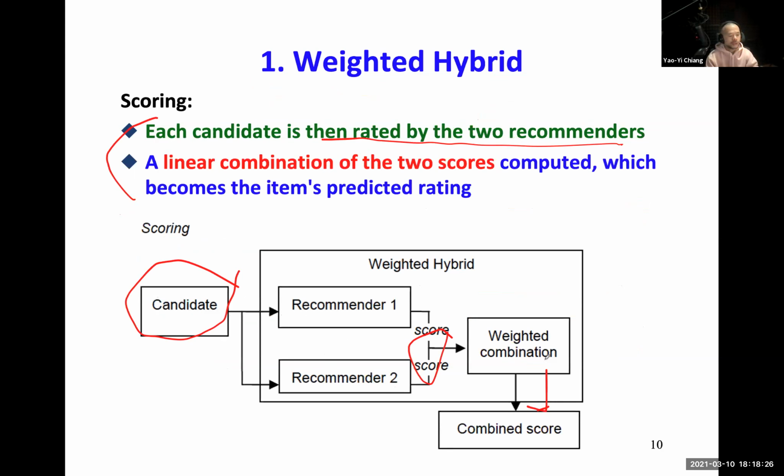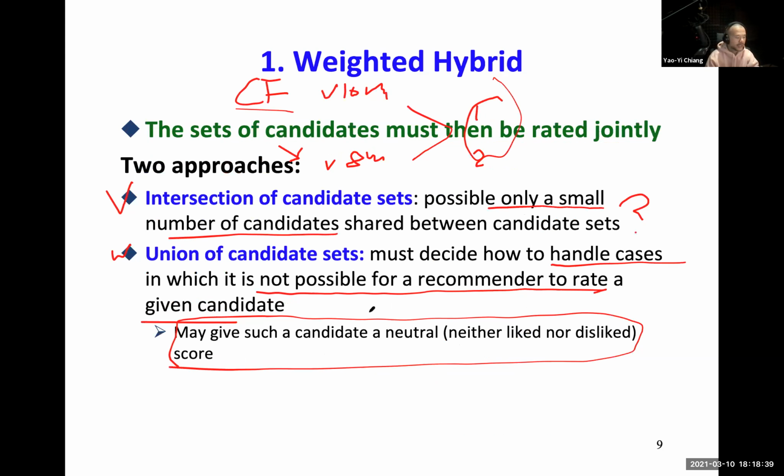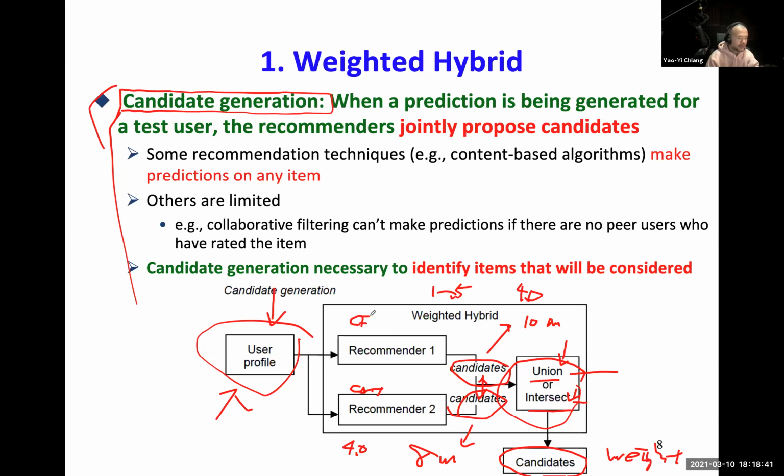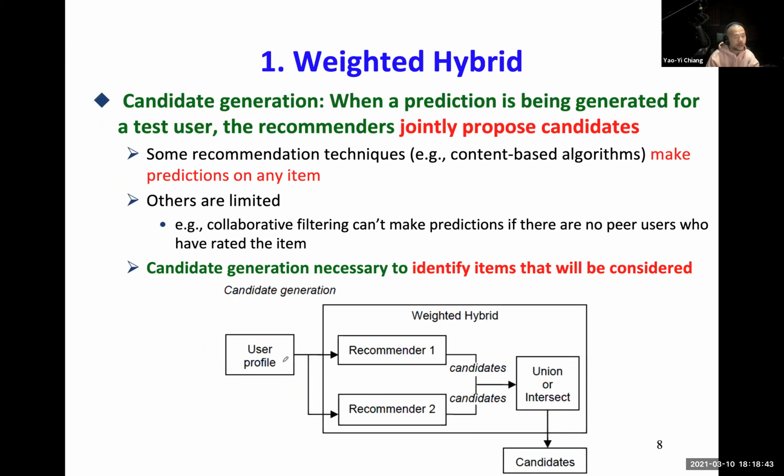So if you look at this slide, the recommendation system is taking the candidate and generating a score, right? But if you look at here, you actually already have the score. You take the user profile, you look at the recommendation system. When you are using the recommendation system to generate a candidate, you already have the score.